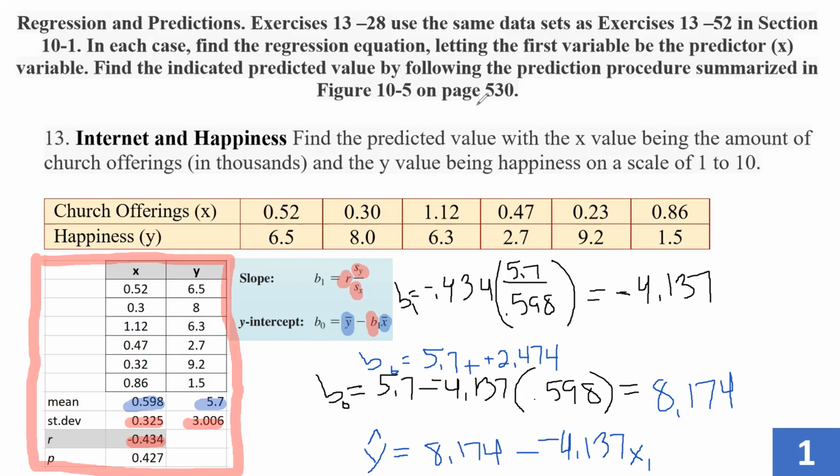That would be our regression equation from this approach. Now, I almost wish I could take a picture of this or write it down. I'm going to write it down in chat, just to make sure we can double check and get our numbers right. All right, 8.174 minus negative 4.137x.